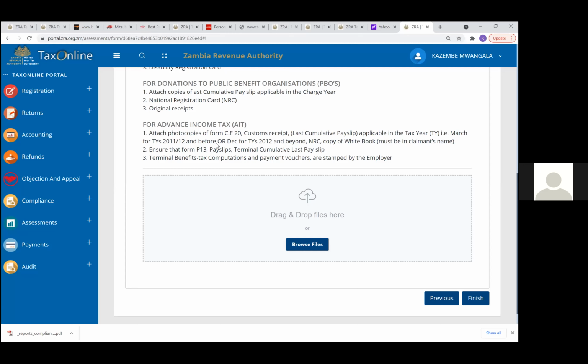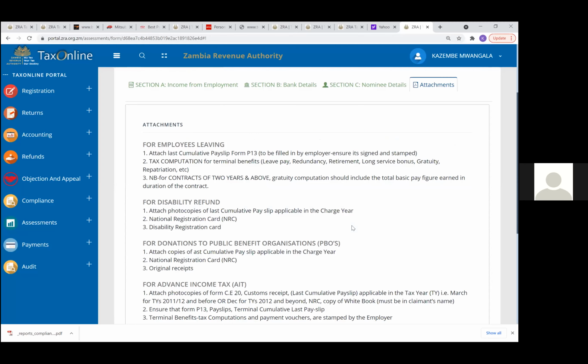And I might say that this section will soon change, for those who will be filling in section part 1, because for now the system is only expecting a pay slip from you. But to help people, because there are instances where someone is claiming a disability refund but has not attached the disability card, we are going to change the system so that it will be smart.